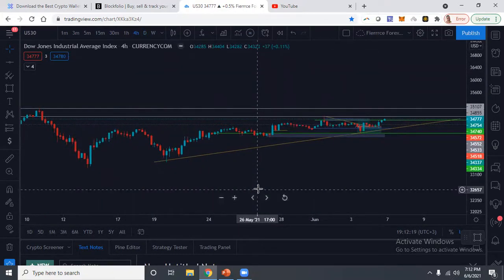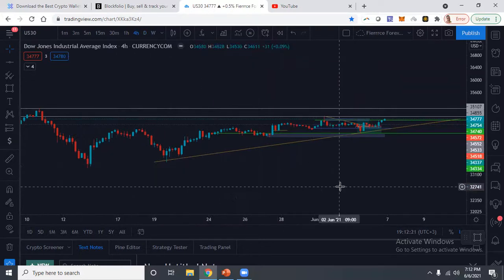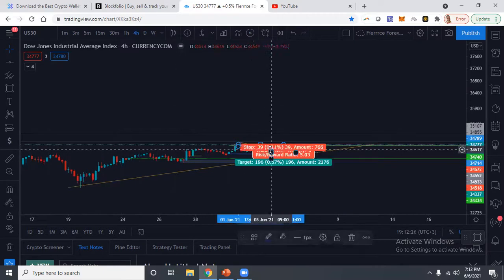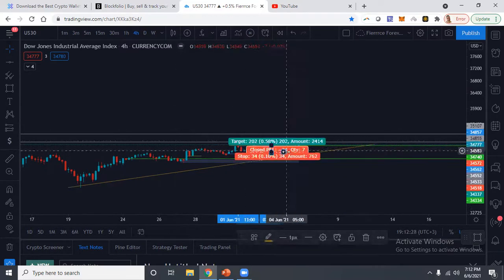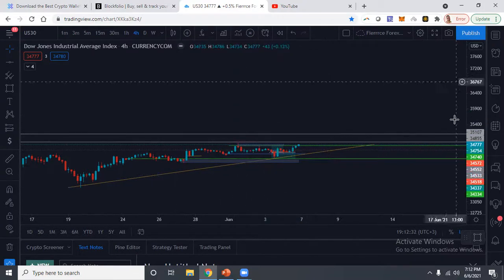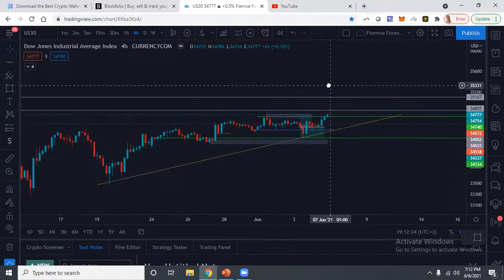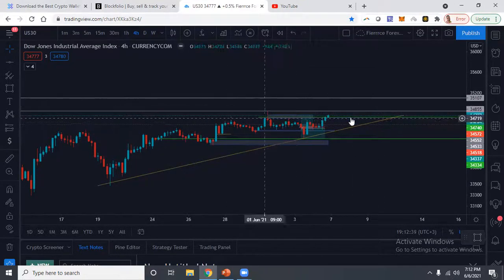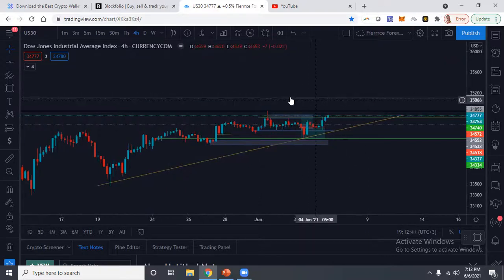So on the 4 hour, wait a minute. Delete this, sorry. So on the 4 hour, we're looking bullish. But remember, we are in an interesting zone here. There's another higher weekly high here.